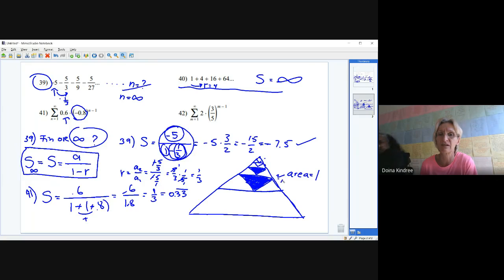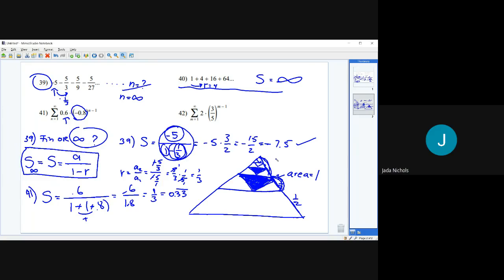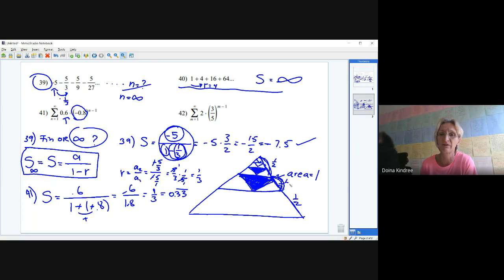Here is 1/2 and 1/2. All this side here is half. When you create this triangle and they say area 1, this part is equal to this part. So now I have 1/2 and 1/2. So the proportionality, the ratio between this triangle and this triangle, is 1/2.